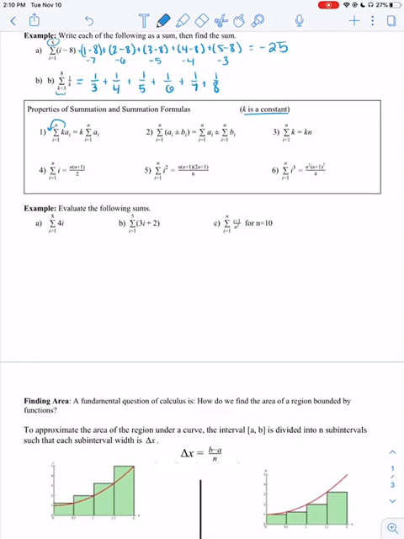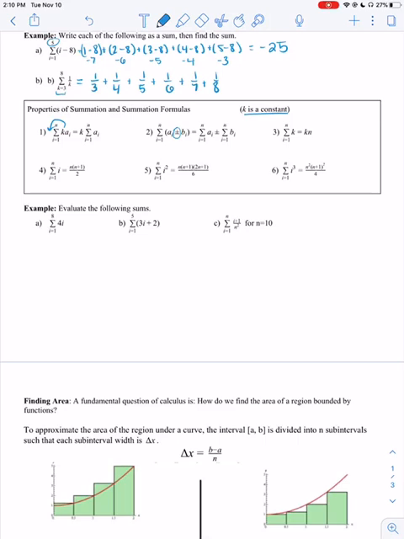If you have a constant being multiplied by your term, you can move it out front and then do the multiplication at the end. If you have a sum or a difference, you can split that up into two sums and then add those together or subtract them.